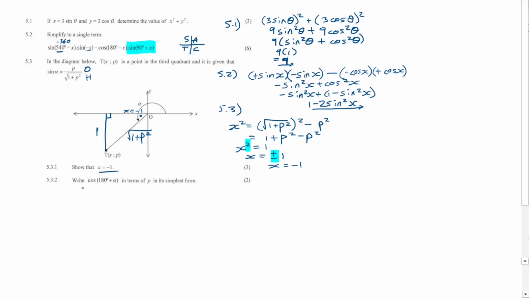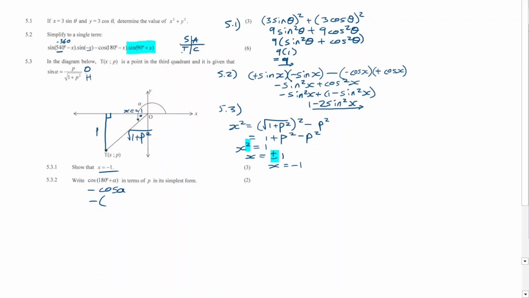But last one, what is cos 180 plus a in terms of p? You don't have to worry, oh, but a is over here, and what's 180 plus that? You can literally just go back to your reductions and say 180 plus is in the third quadrant. What is cos in the third? It's negative. So this will just reduce as negative cos A. So it will be negative, and then I'm always allowed to look from this origin angle in my triangle.